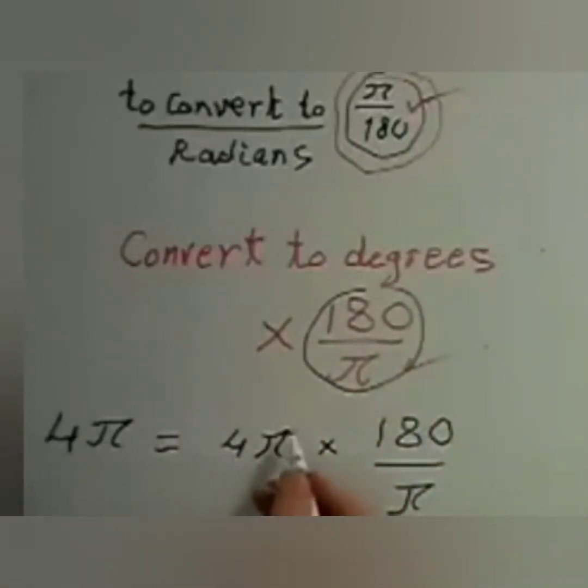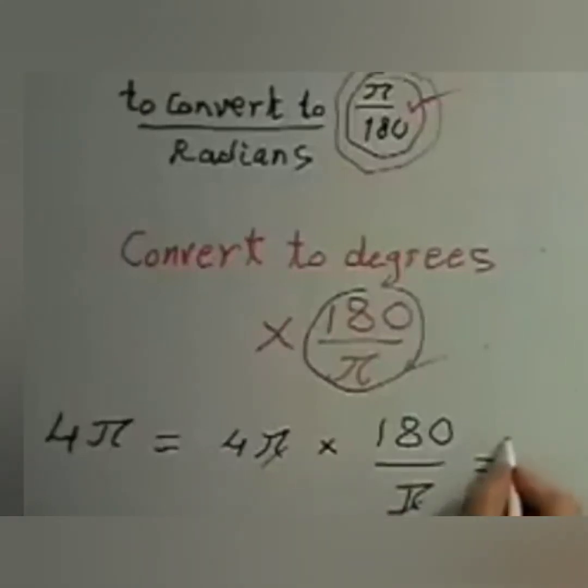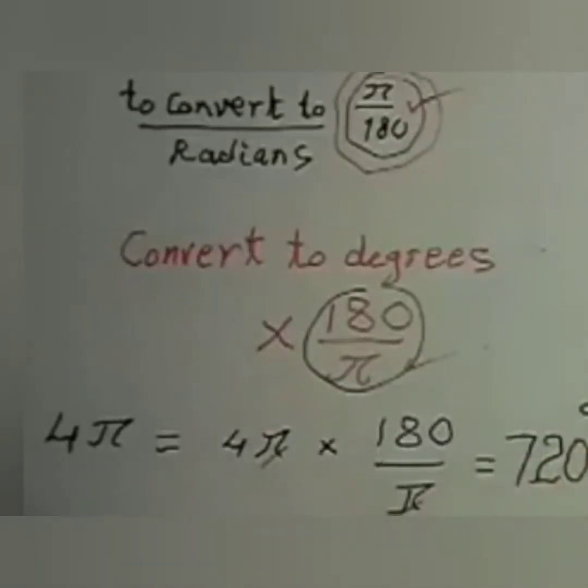And we make cancellation, pi with pi, and just multiply 4 by 180. That means 720. And don't forget to write here the symbol of degrees, which is the small circle here. Okay?